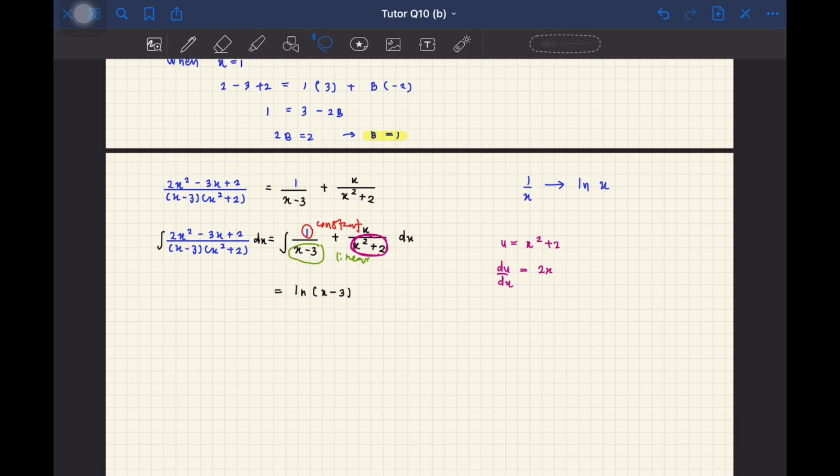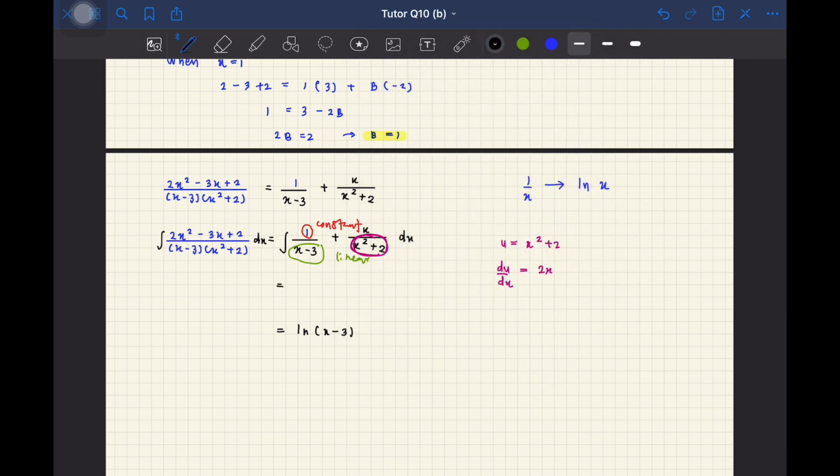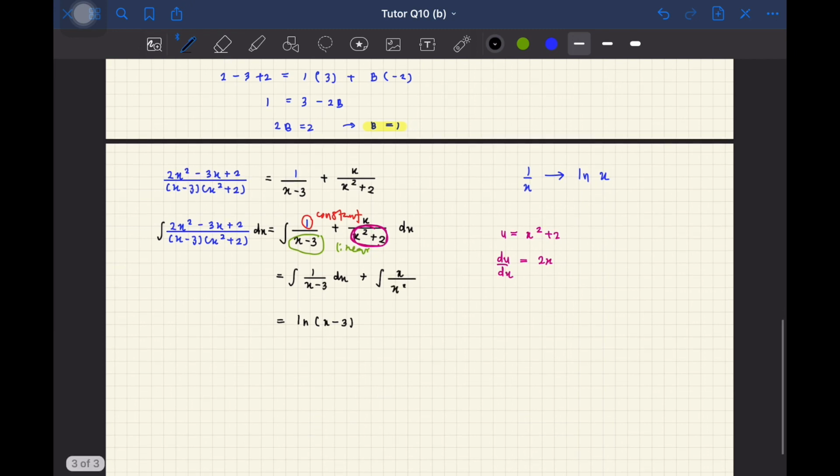Remember I taught that usually we will split it first. So let me just split this into two split terms. So integral 1 over x minus 3 dx, and then plus integral x over x squared plus 2 dx. Okay, like this. Alright, so now we already have the bottom part.